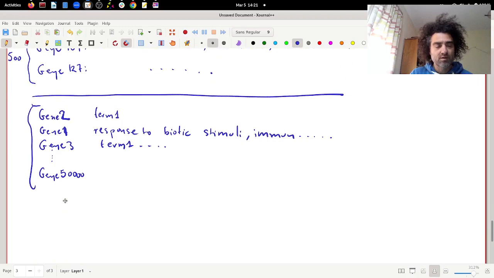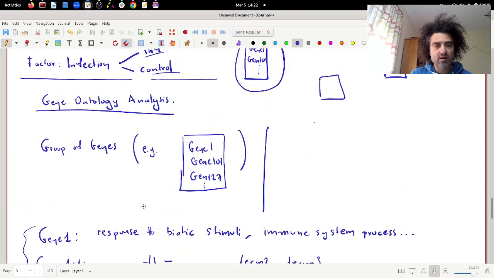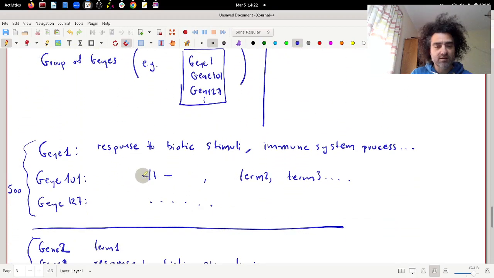So how do we study if we have an overrepresentation of some terms here compared to this group here? Or in other words, which biological terms are found here more often than what we would expect by chance?